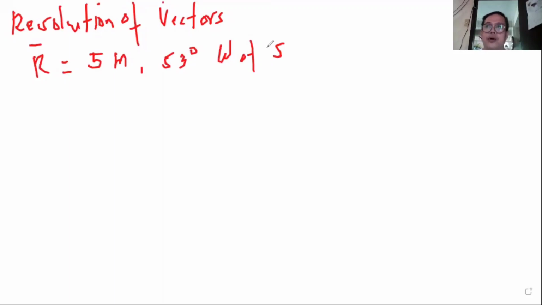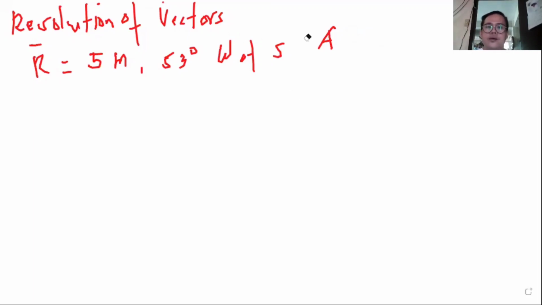If you remember our resultant vector, we added up your x component, which is vector A. We added up vector A and vector B last week.